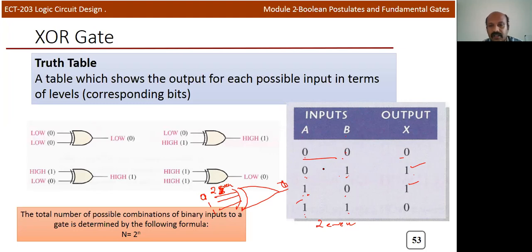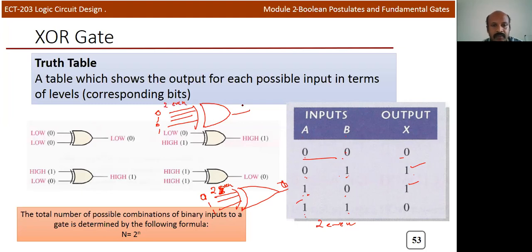But this definition is very difficult to apply if you consider a larger number of inputs. For example, with 4 inputs, and the input is like 1, 0, 1, 0, what will be the output? Out of these 4 inputs, 2 inputs are high, so 2 inputs are 1.